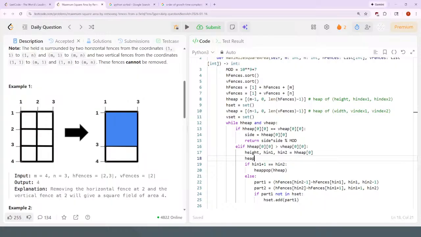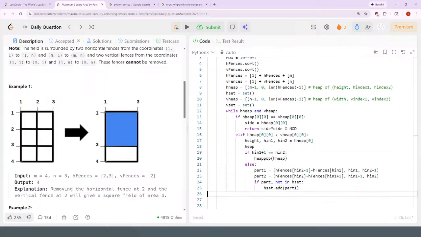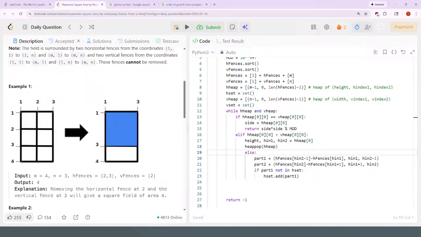I was going to do heap push pop or heap pop push, but there might be 2 things that I need to add onto the heap for every 1 thing I remove, so it's not really going to be efficient anyway. But in that case, this should just be if H index 1 plus 1 not equal to H index 2.